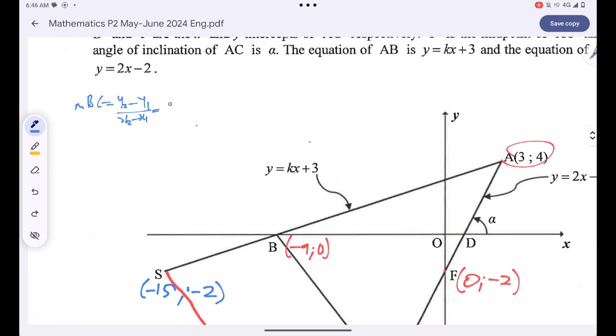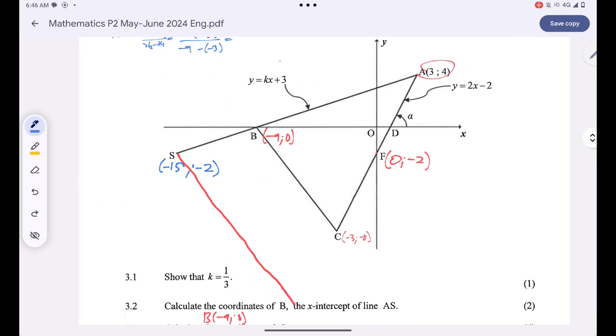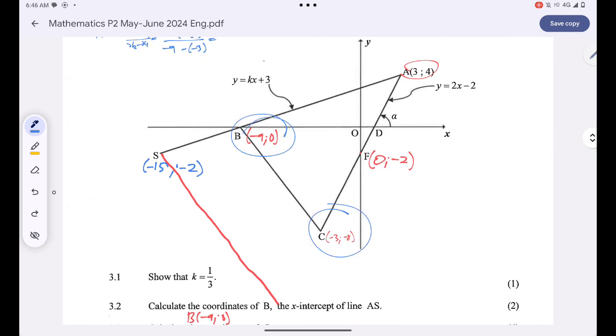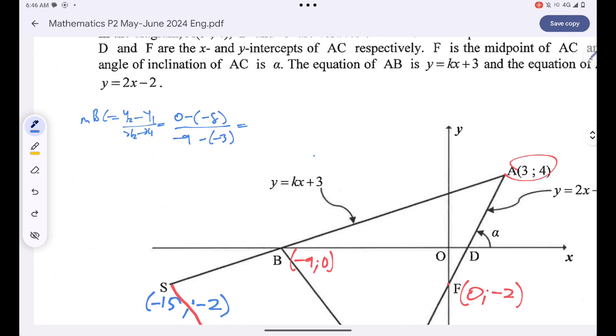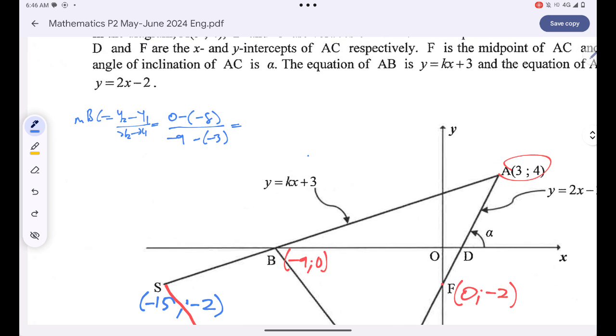So that's 0 minus negative 8 all over negative 9 minus negative 3, because I'm simply using these 2 points. Then this will simply give me positive 8 all over negative 6. That's negative 4 over 3. So this is my gradient altogether.